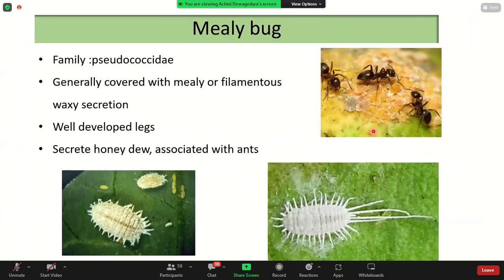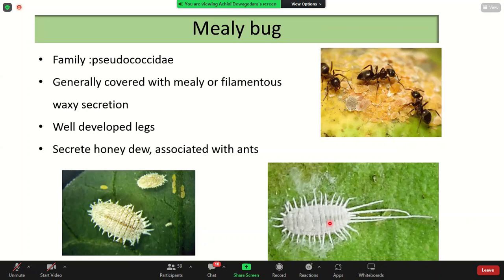Okay. And mealybugs, they are also similar. They also have piercing and sucking mouth parts. They belong to family Pseudococcidae, and they are generally covered with a waxy layer, a white color waxy layer, and they have well developed legs.